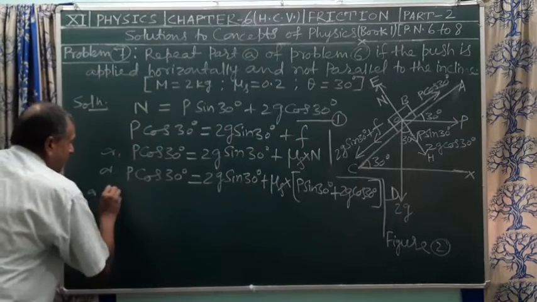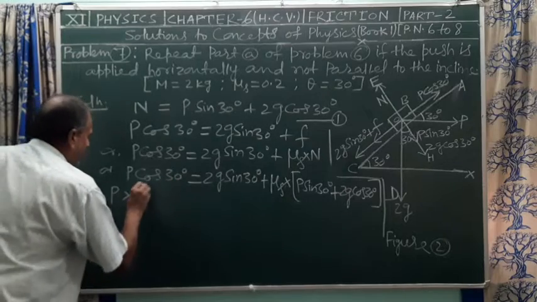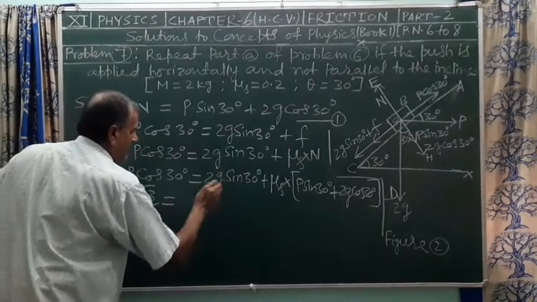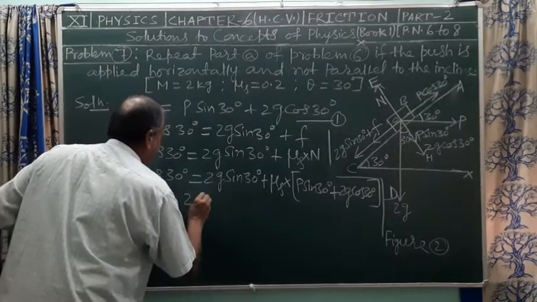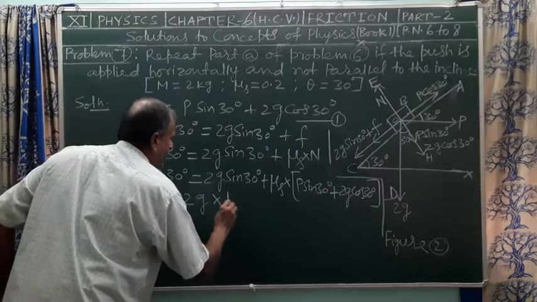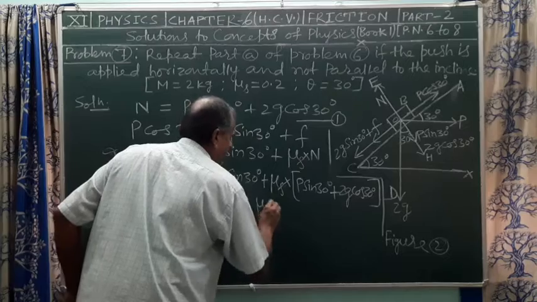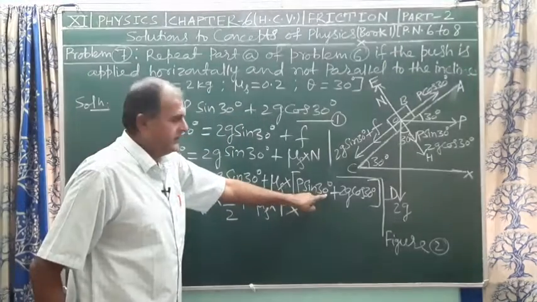Or P cos 30 degree, which is root 3 by 2. So it is P into root 3 by 2 equals 2 into g sin 30, that is half, plus mu s into P into sin 30, mu s into P.